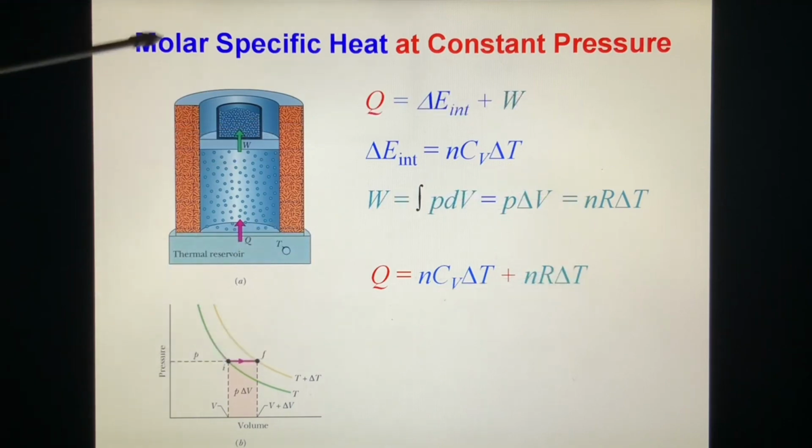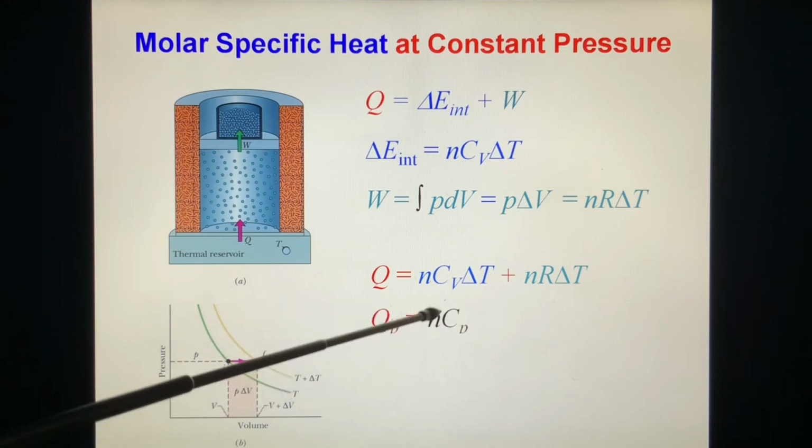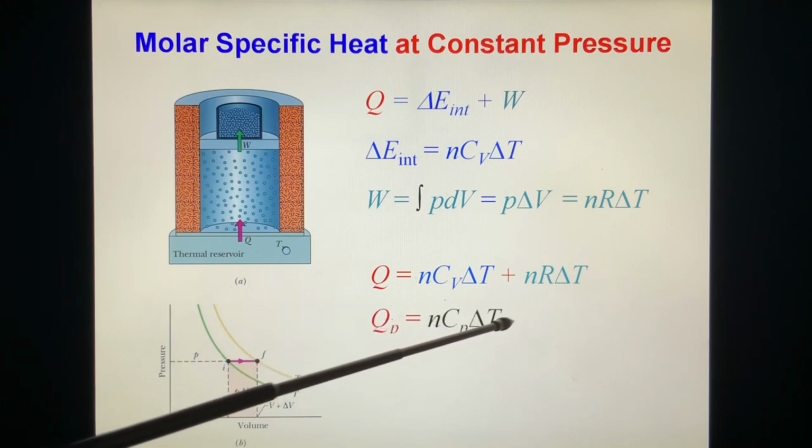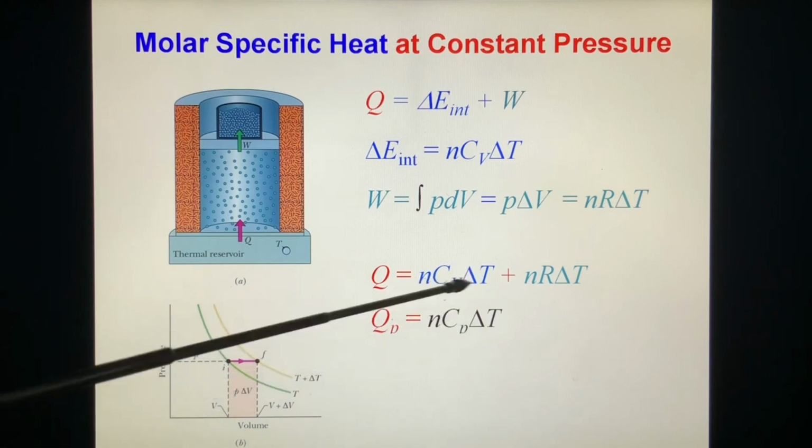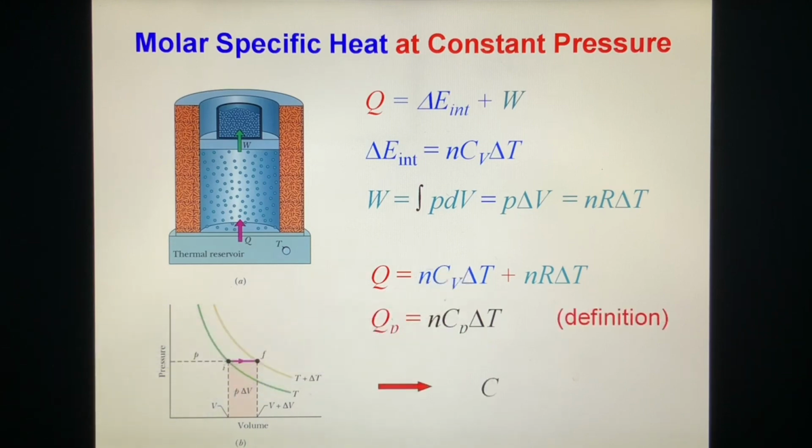And by definition of heat capacity, Q_P equals CP delta T plus the mass, right? And we compare these two, we get CP equals CV plus R.